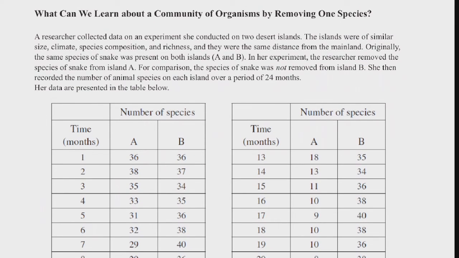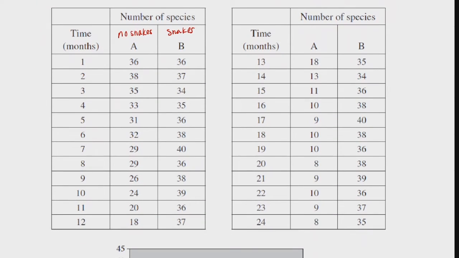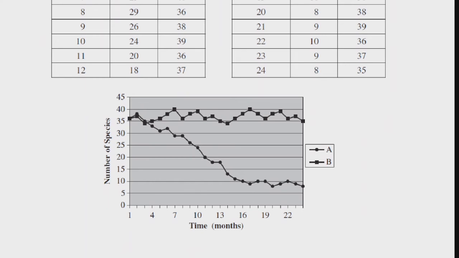So we know that A has no snakes and B has snakes. We can see this presented in these graphs, where A is an overall decline and B is an overall incline.